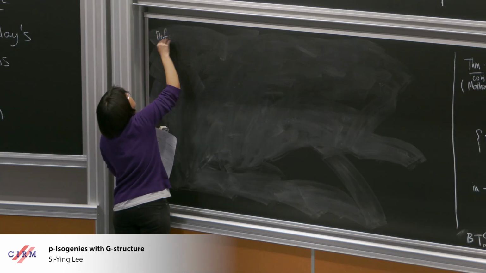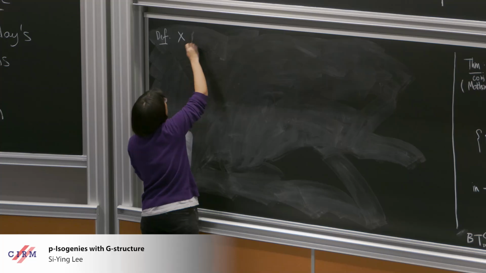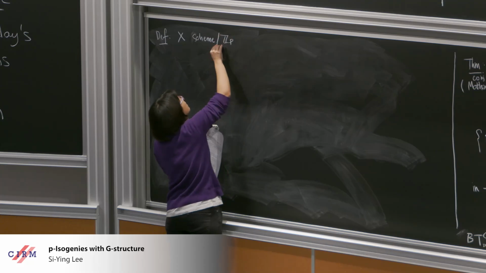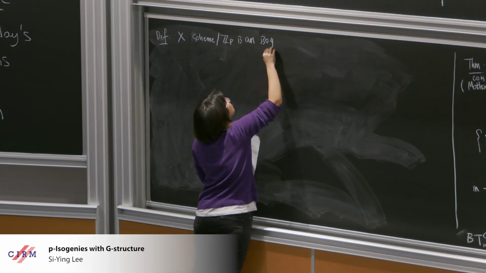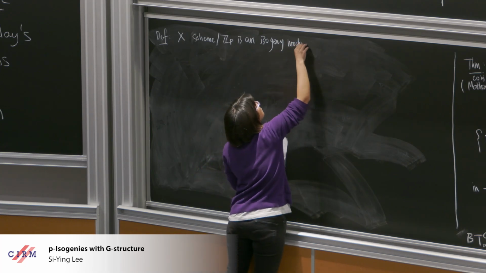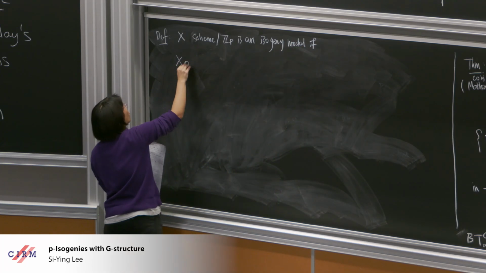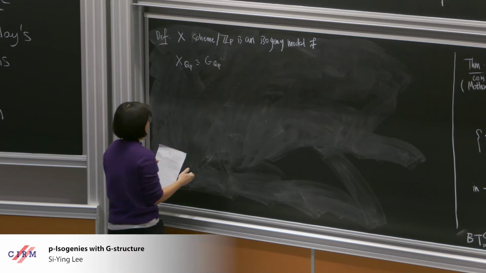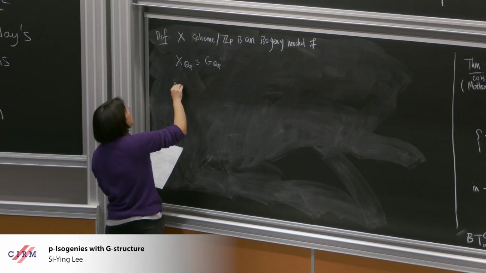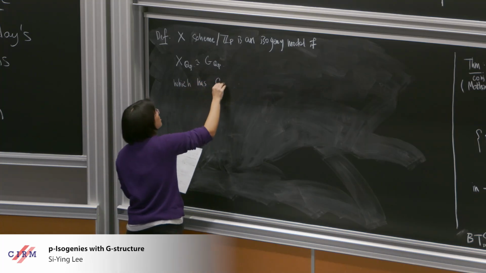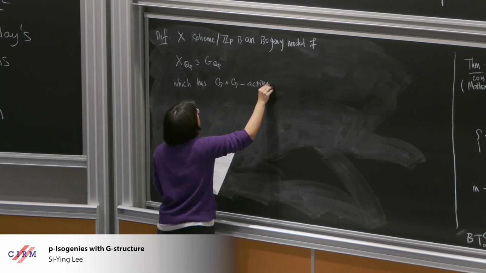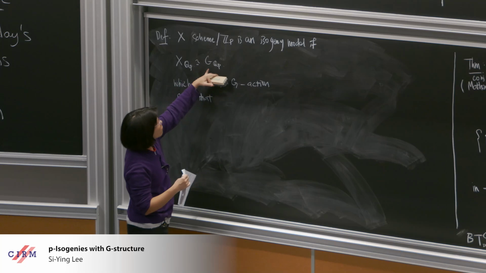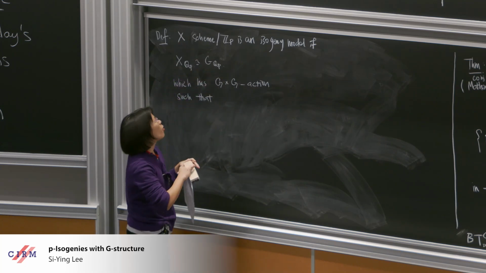Definition. X is a scheme, even though the next example I'm going to give is not quite a scheme, X a scheme over Z_p is an isogeny model if, over the generic fiber, you have something which recovers the group, so it is isomorphic to G_{Q_p}, and which has a G cross G action, such that, if there's a G cross G action, then you can think about the W(k) points of this scheme.